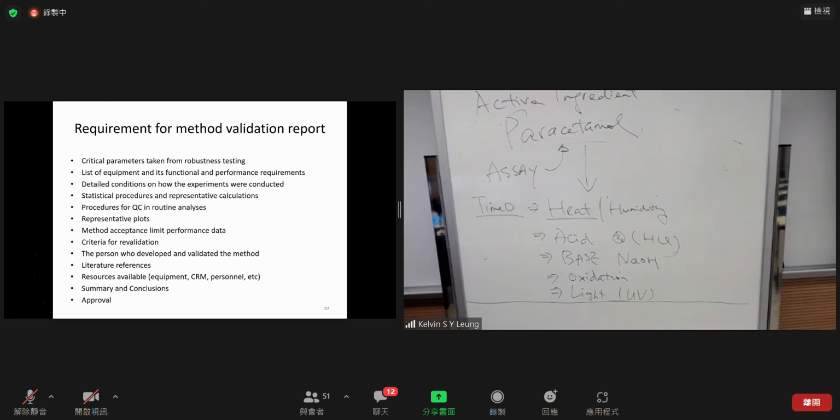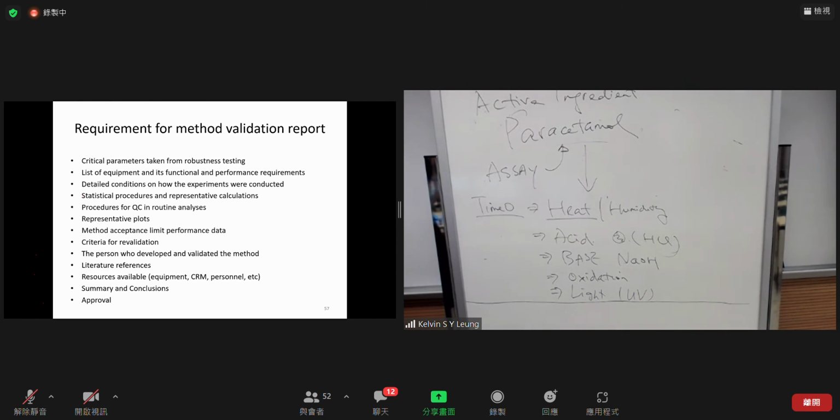And if you have some reference guidelines that have been followed when you performed this method validation, you also need to list them out. Because people can refer to them if they have any questions, they can check back to that particular reference guideline to have some more ideas. They can study it on their own. If they perform the validation again, they can also refer to the reference again to study it in detail.